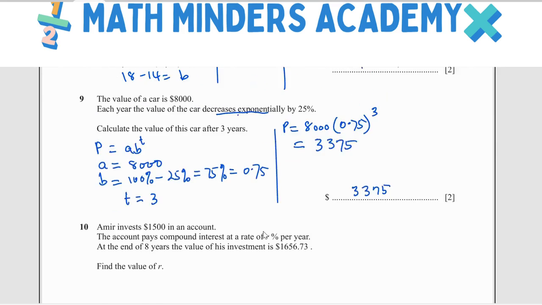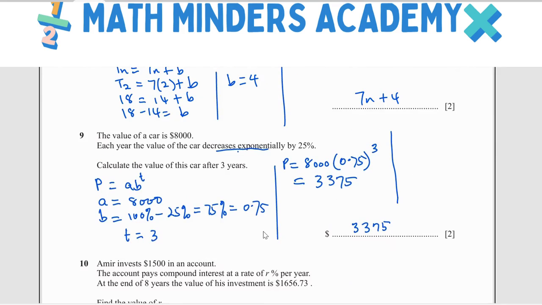Let me also mention that we can also use this formula here. P equals, okay, the amount equals this. Because this is a decrease, we have 1 minus the rate over 100, raised to power T. This is also going to work it out, where P is the initial, 8,000. This is 1 minus 25 over 100 raised to power 3.